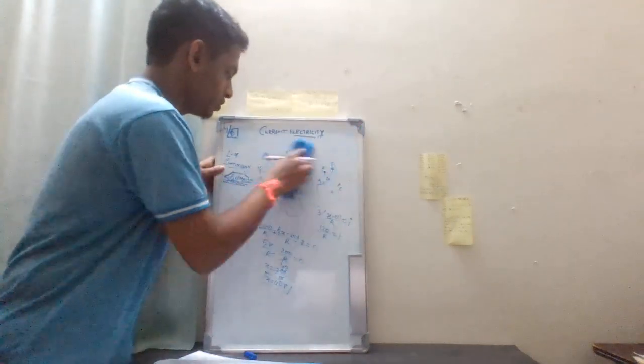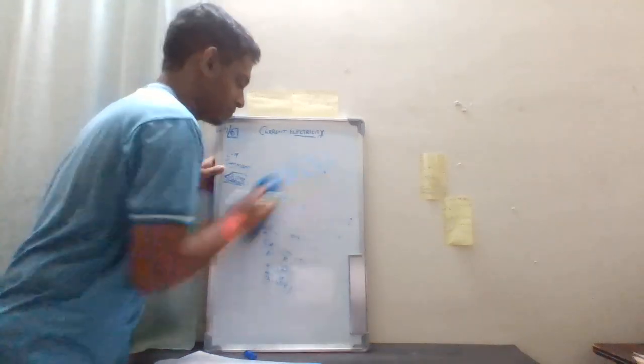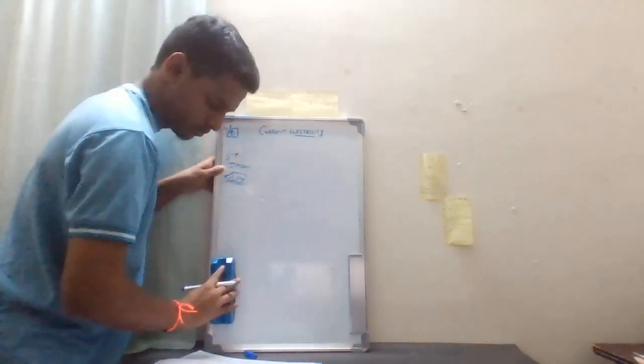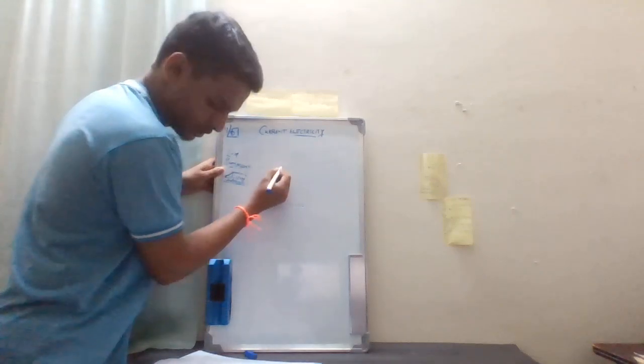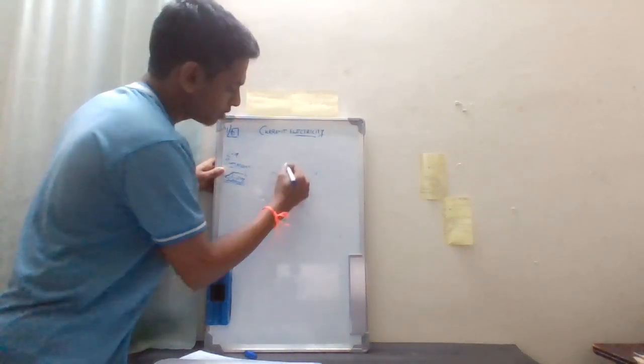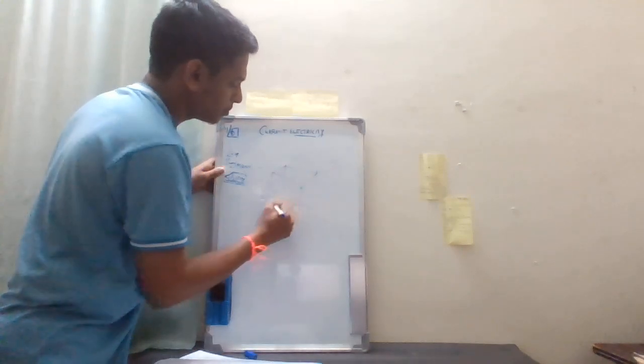Now let's take another example. So now we have the same setup, but using symmetry we can pretty much cancel many of them.